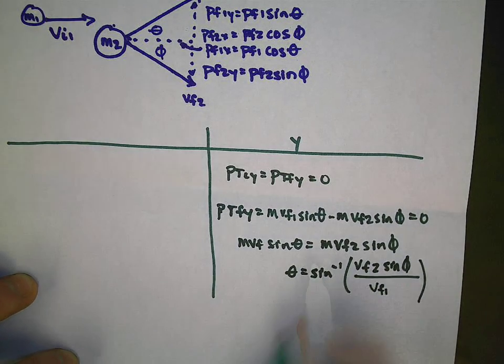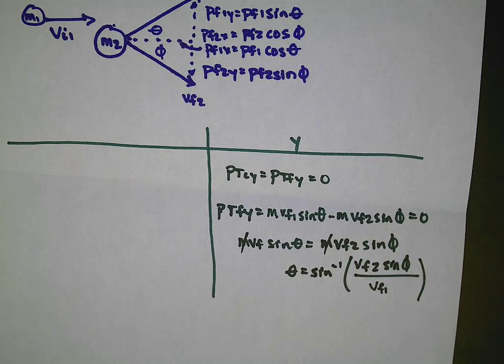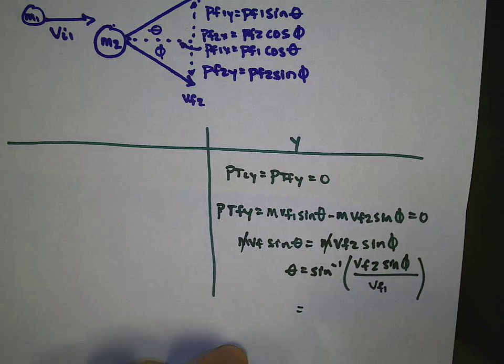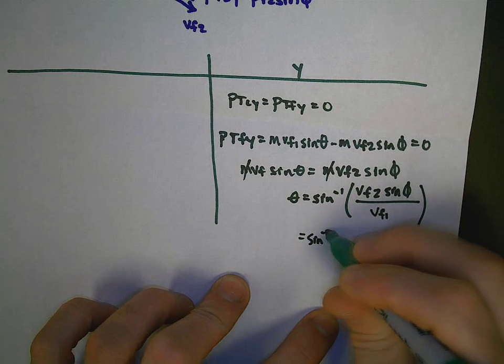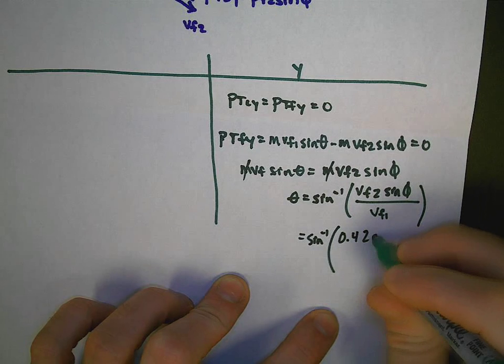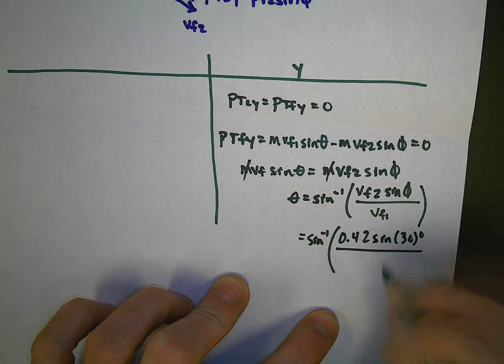And you'll notice that my m's have dropped out because we have the same mass on both sides of the equal sign. And a simple substitution now will help us solve for what that angle was. So sine inverse, and we have 0.42 sine 30 degrees all over 0.56 meters per second.